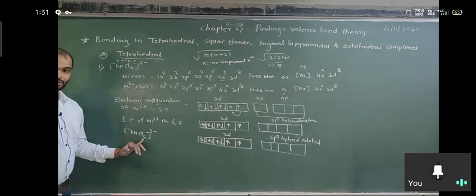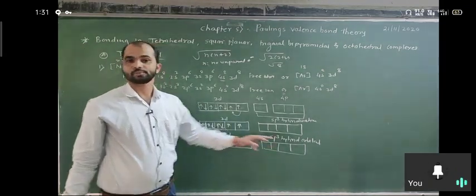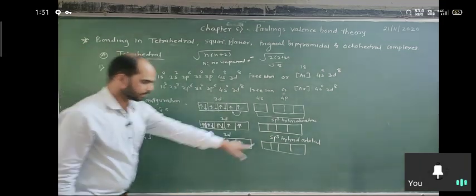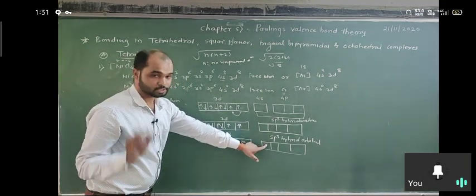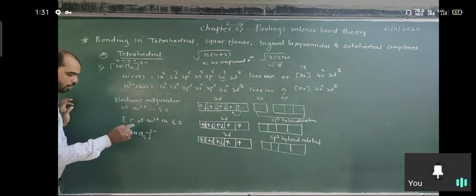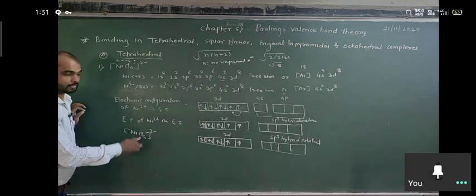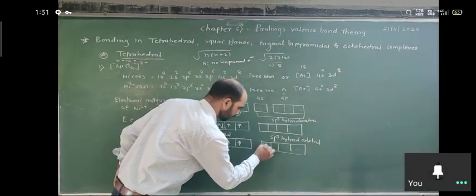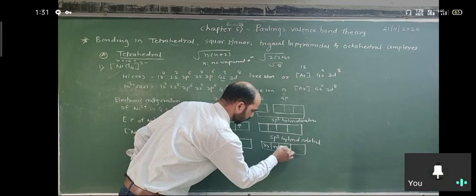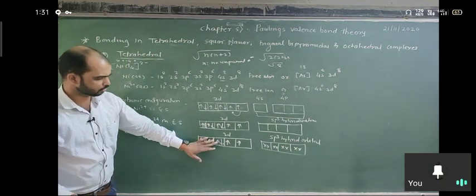Those 8 electrons are occupied into hybrid orbitals because there is overlapping of the 4 sp3 hybrid orbitals of Ni2 plus ion with the atomic orbitals of 4 Cl minus ions. You can represent electrons as a cross or a simple dot.